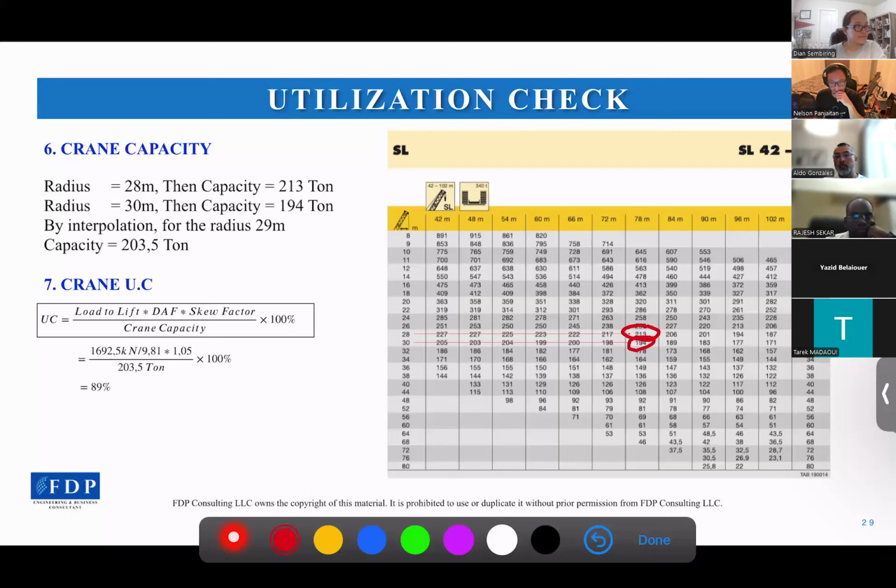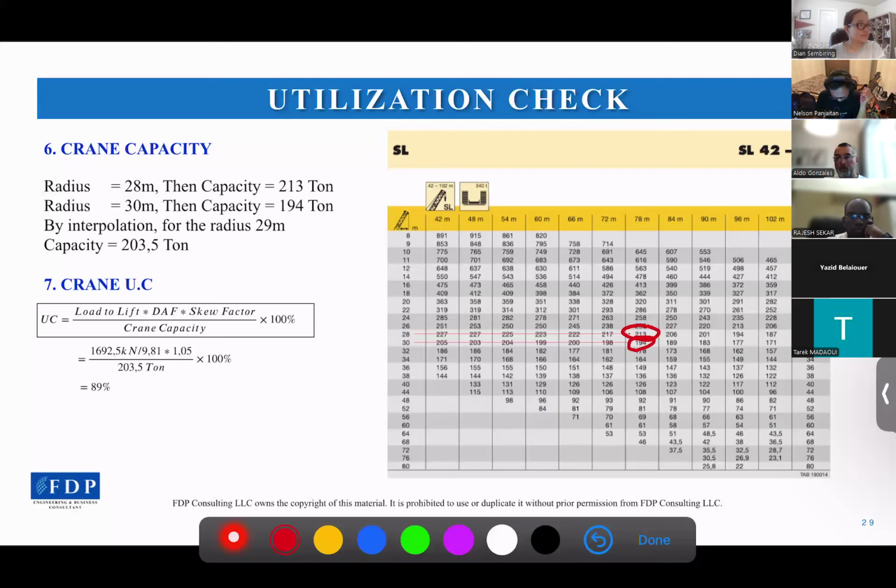You are interpolating 213 with 194, but I think it should be 194 with 178, because now it is less. You get my point?